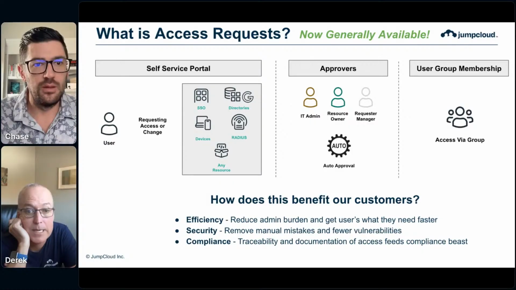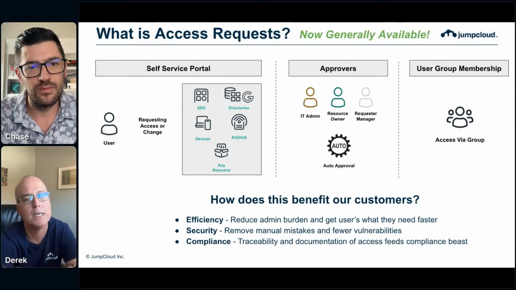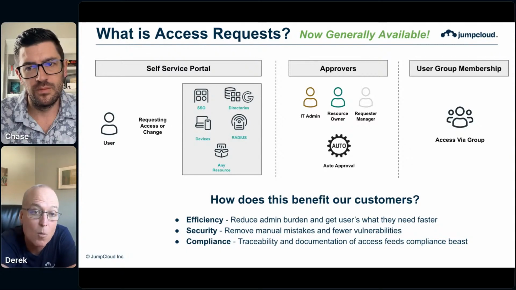It's a great question because when we first started this journey, we thought exactly the way that you described, which is to be very direct. SSO applications were our hero use case that we were focused on. And as we started to poke at this and understand how we were going to architect it behind the scenes, what made a lot more sense was to leverage user groups. The reason why is because it opens up quite a bit in terms of what becomes requestable.